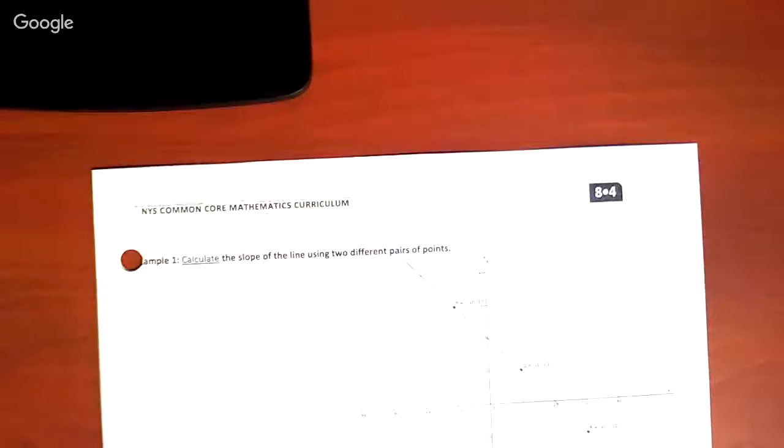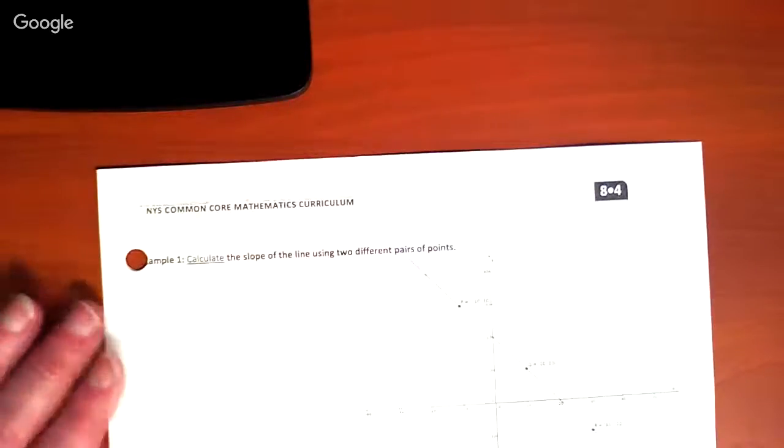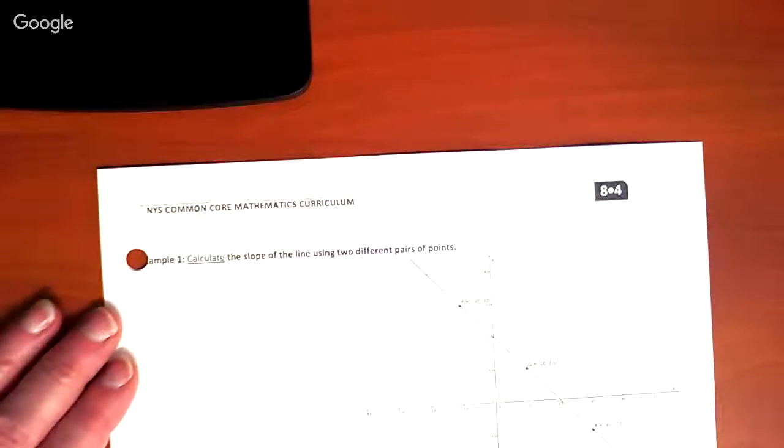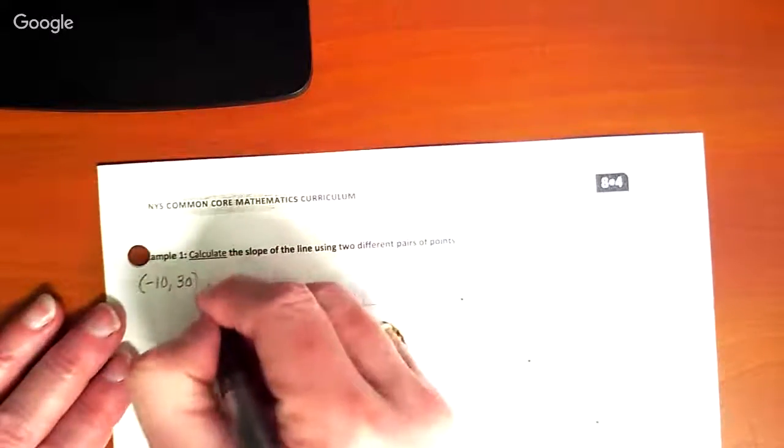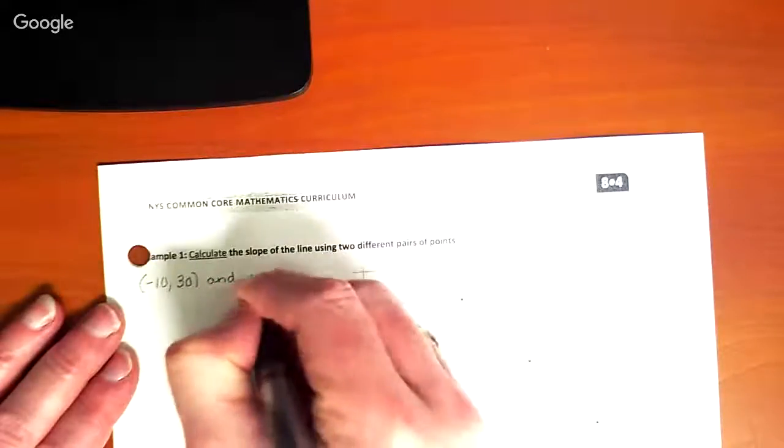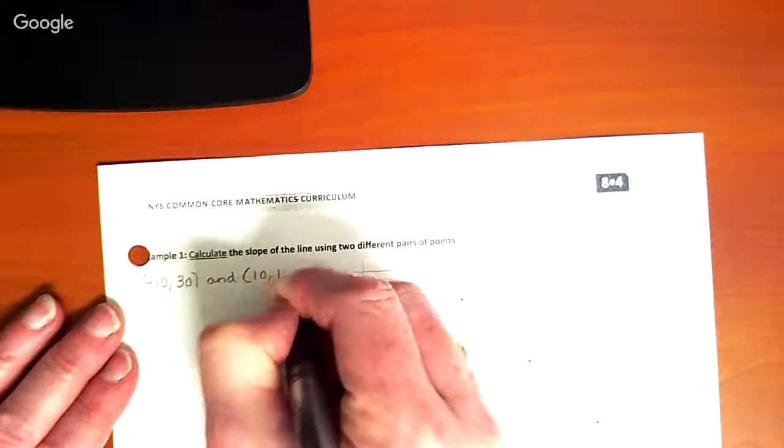Okay? So next, we're going to calculate the slope of the line using 2 different pairs of points. So the first pair of points I'm going to pick is (-10, 30) and (10, 10).